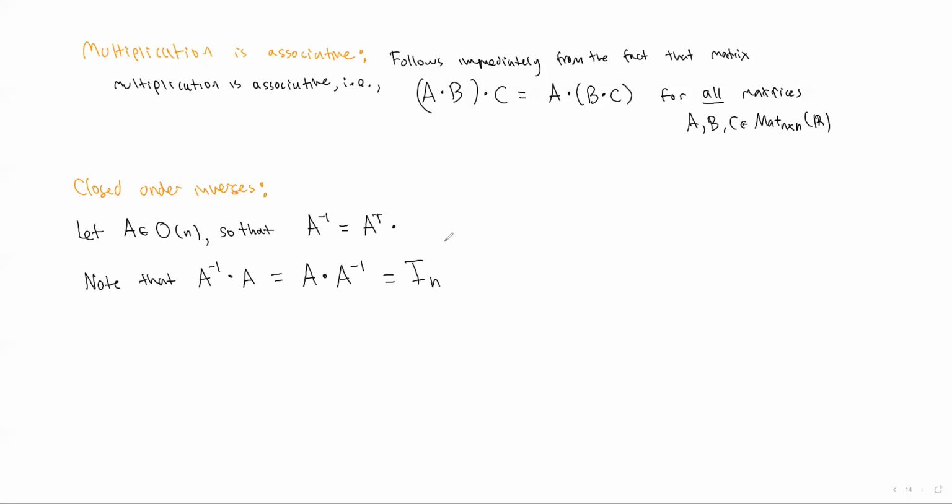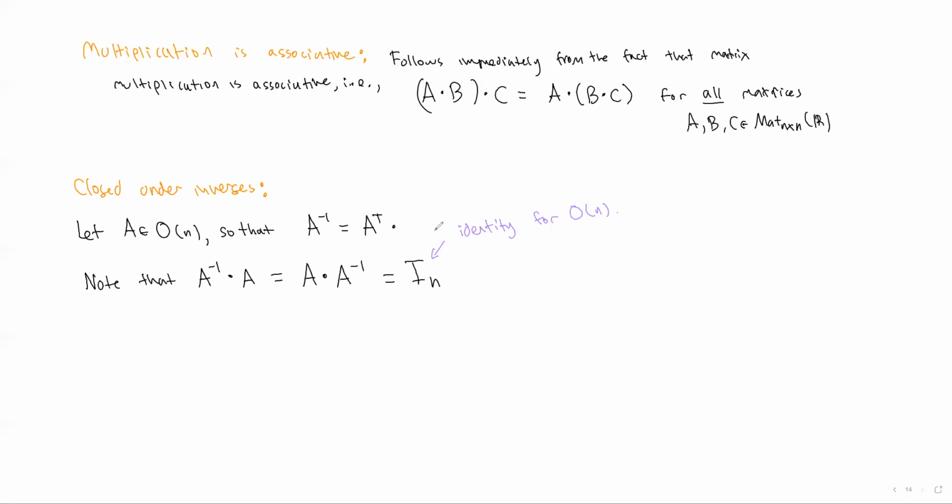And this is the identity for O_N. It's a bit confusing because you have to keep in mind what group you're speaking relative to. So A inverse is referring to the inverse of A just as a matrix in general. Before you even knew about groups, you know what A inverse means.